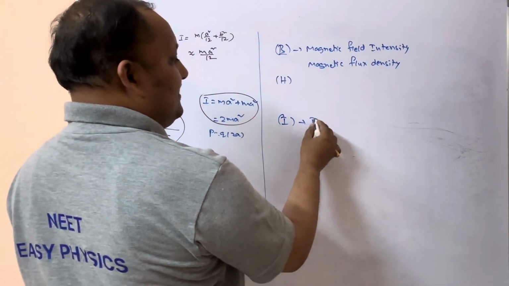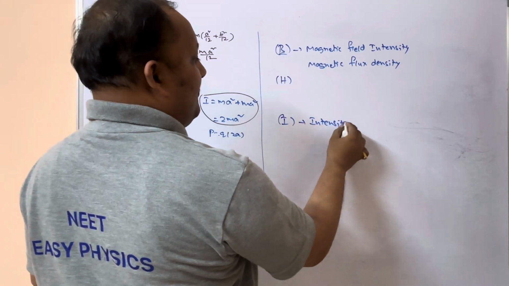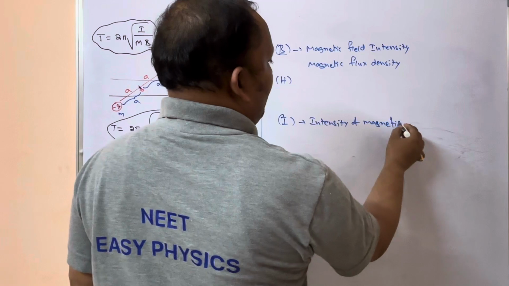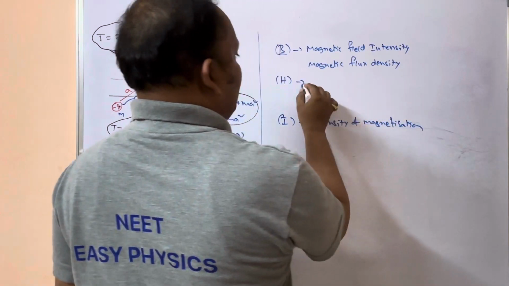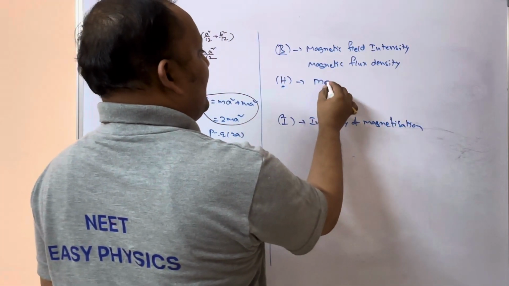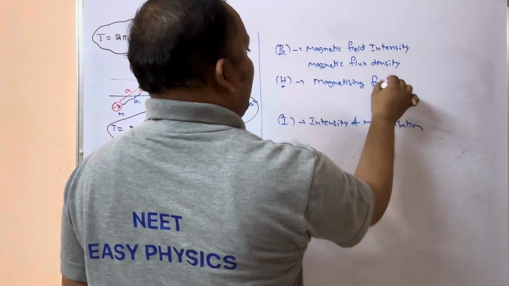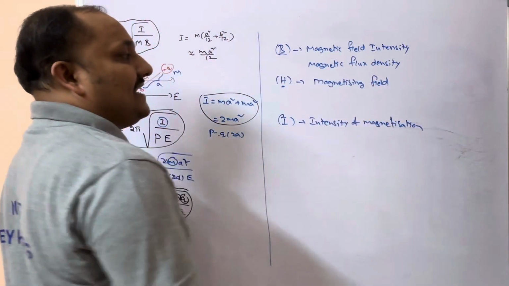I is the intensity of magnetization. H we will generally call the magnetizing field, the intensity of the magnetizing field.